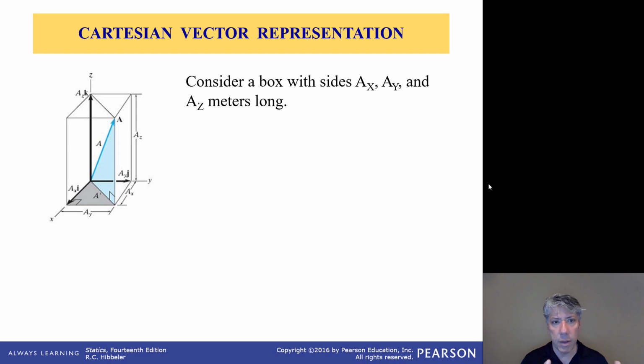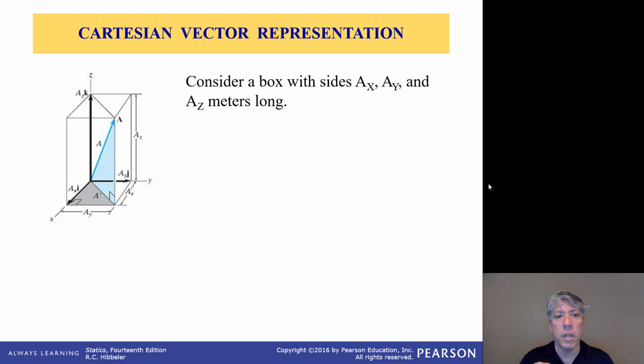And so if you think about bounding that vector by a box, the sides of the box would have lengths ax, ay, and az, and would actually represent the x, y, and z components, or the i, j, and k magnitudes of the vector.